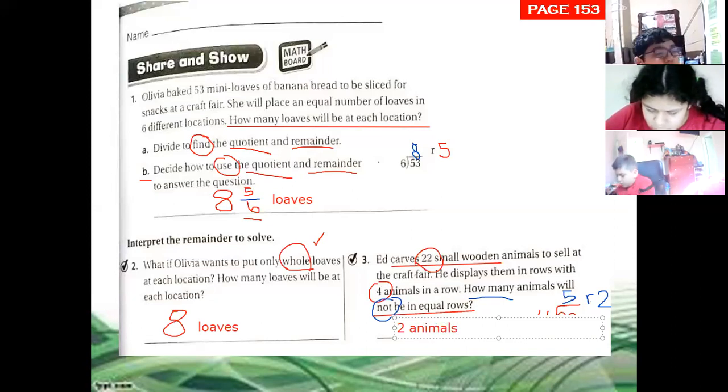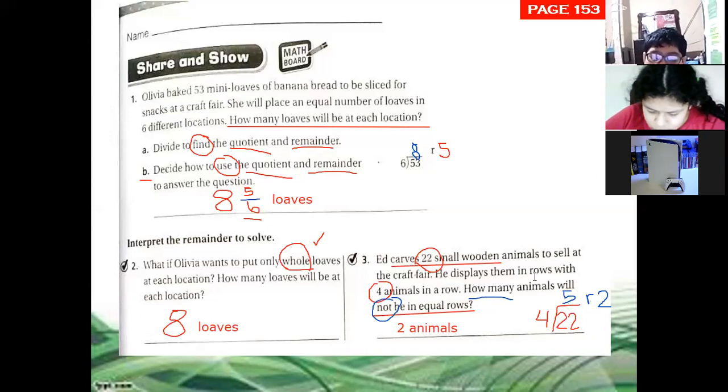So your answer has to be animals. 2 animals, okay? You have to be very careful with that. If your question says how many bananas, so your answer has to say 2 bananas. But you have to include that.